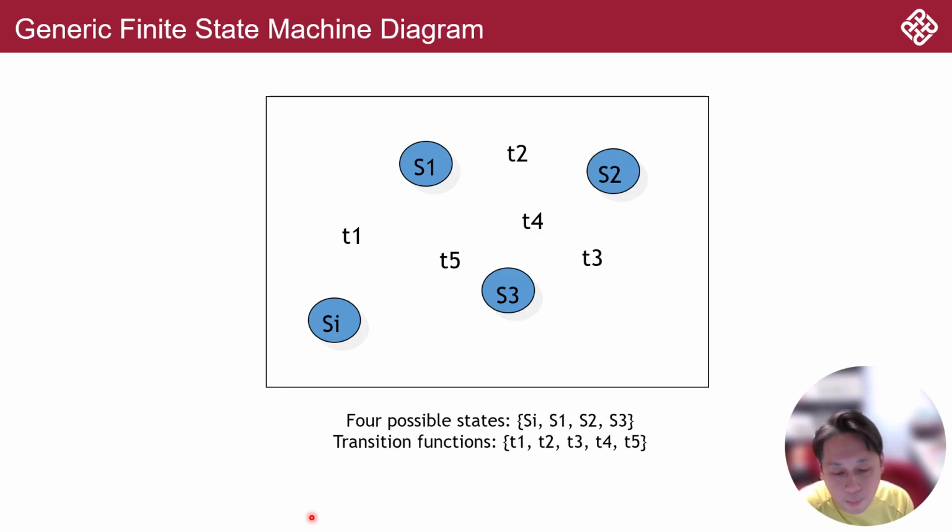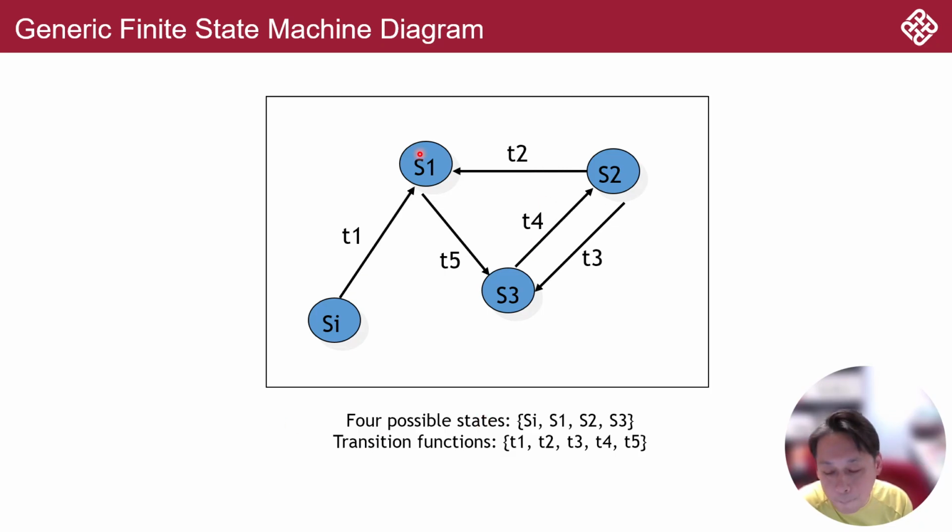By combining the states and the transition function, you will have a complete graph model. For example, here we have state 1 related to Paris, state 2 may be related to London, and state 3 may be related to Hong Kong.